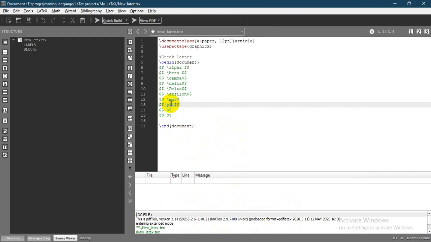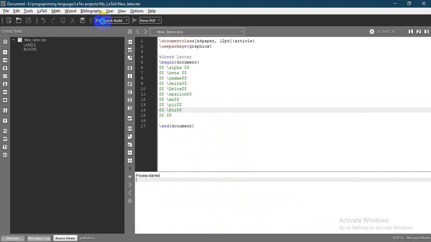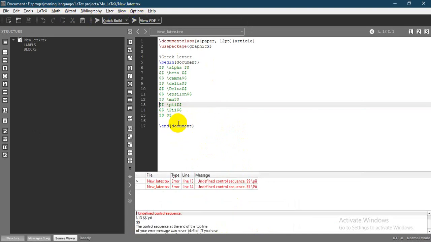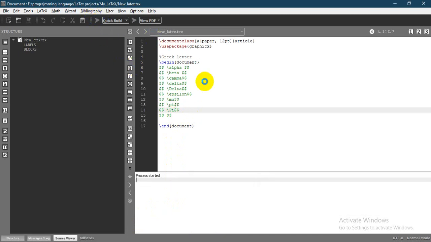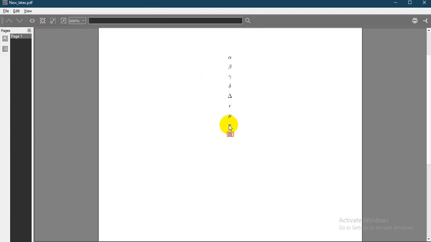So after mu you have pi. So when you want to write pi, write it in between, and you can have also pi capital letter. So you have pi as such. So this pi, let's remove one here and remove one here. So you have pi capital letter and small letter here.